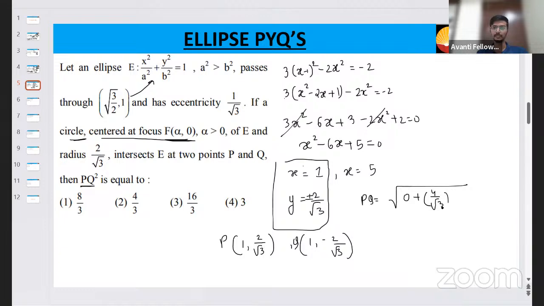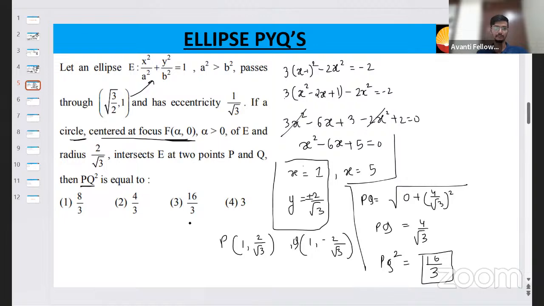That means PQ will be equal to 4 by root 3. We want PQ square. So PQ square will be equal to 16 by 3. This is our answer. It matches with option 3, 16 by 3.